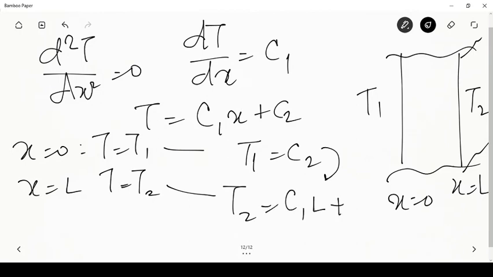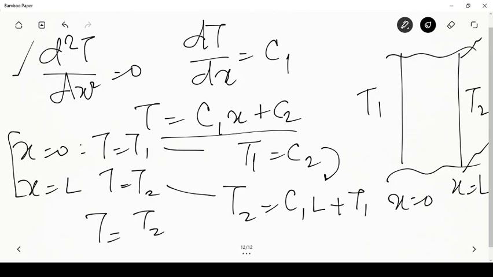Right? So if I put these two back into this equation, then I'll get the solution for the equation that I set out to solve with these boundary conditions. So what does that look like? It looks like T is equal to (T2 minus T1) divided by L into x plus T1.